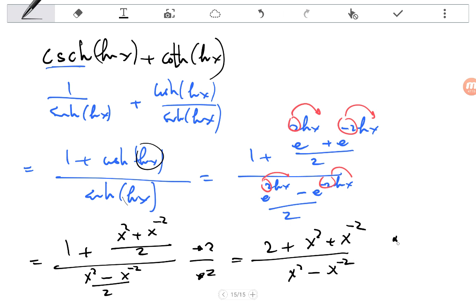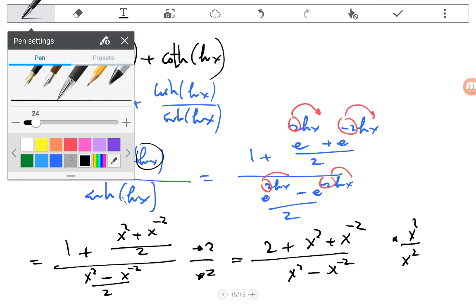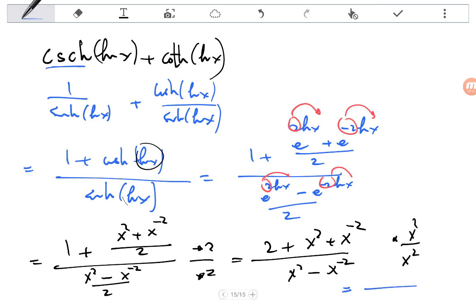I can also multiply by x squared, so the result will be 2x squared plus x power 4 plus 1 over x power 4 minus 1. So this is the simplification of this problem.